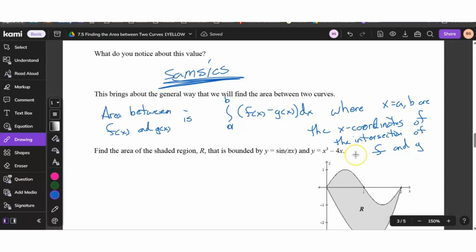So it's where those two functions are going to intersect.